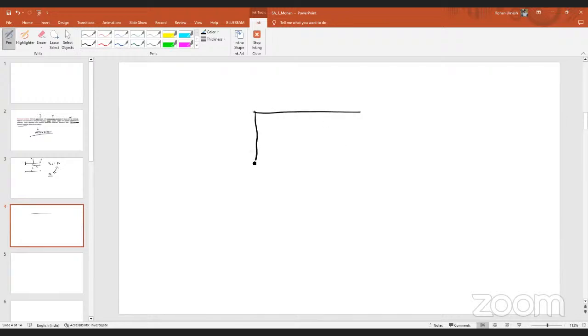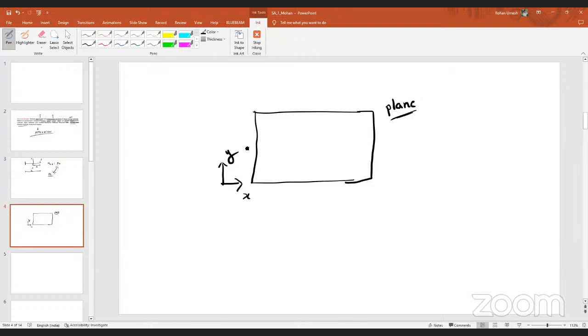Let me take this as a plane I'm talking about. I'm not drawing any object. Let us say I'm talking about some plane, the XY plane.